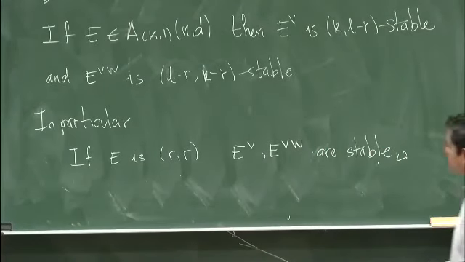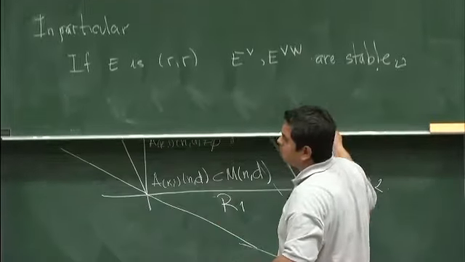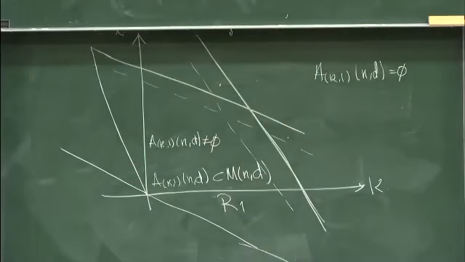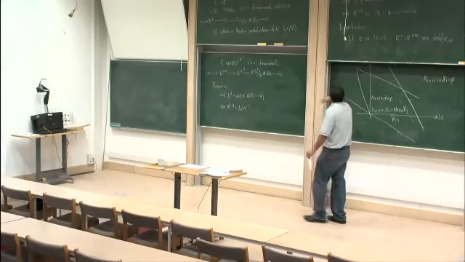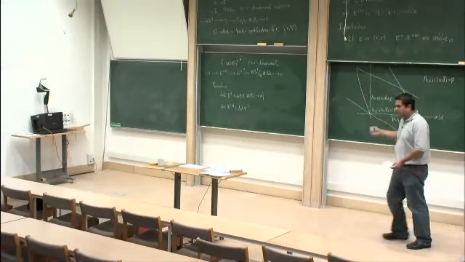Then we have that to obtain a stable vector bundle under Hecke modification, we need the KL stability in this sense.